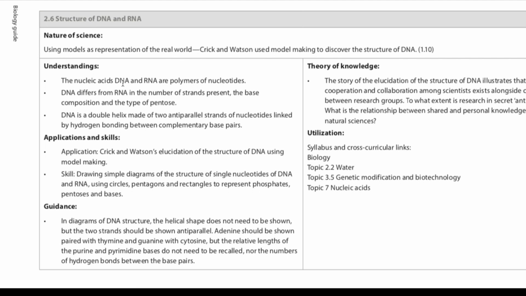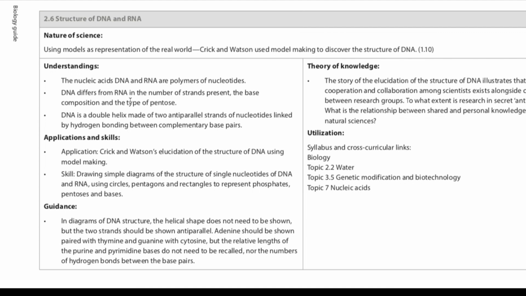The nucleic acids, DNA and RNA, are polymers of nucleotides. Please ensure that you know what a polymer is. What is a nucleotide? What are the three components that make up a nucleotide? And how is a nucleotide of DNA different from a nucleotide of RNA?